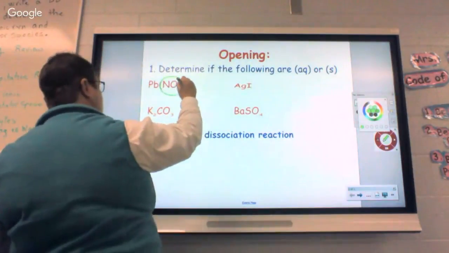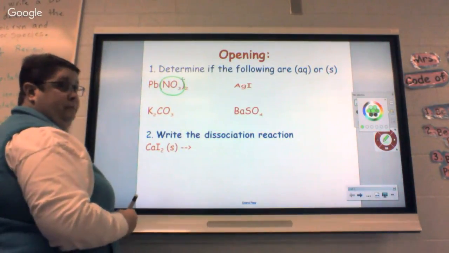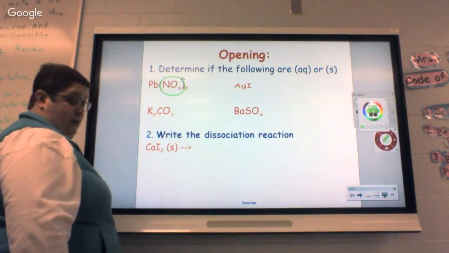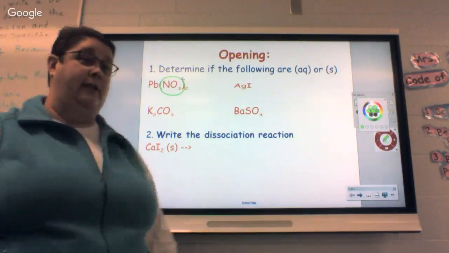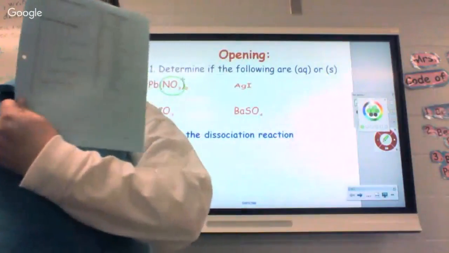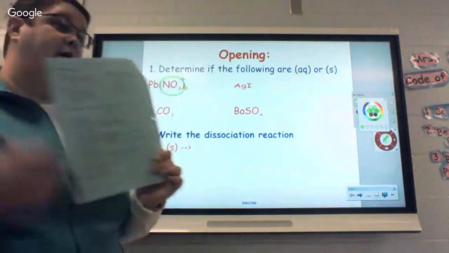This NO3 has the name of what? I know we've been on break. Nitrate. Okay, if you forget the name, you're on this side, flip to this side. What's NO3's name? Nitrate.